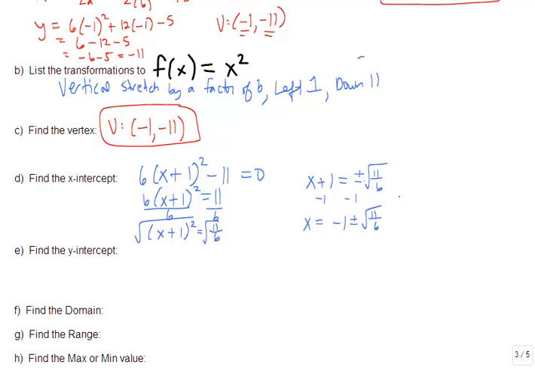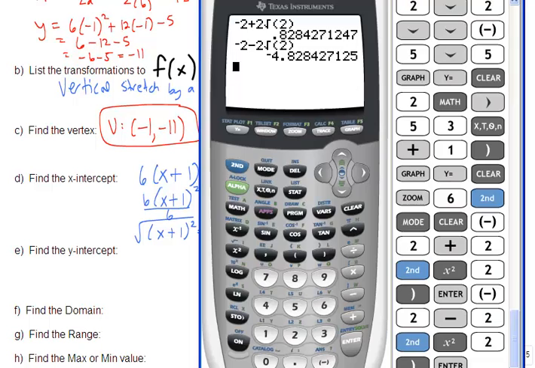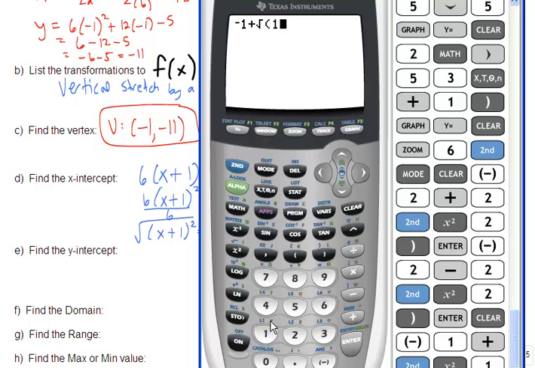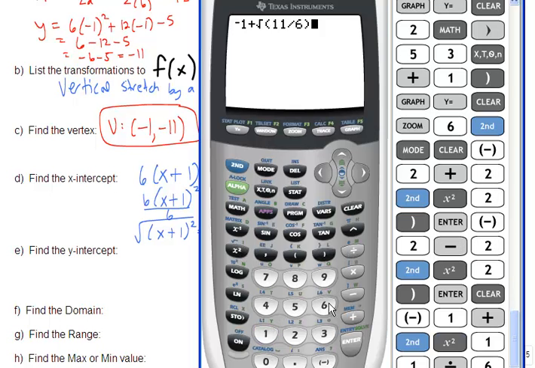Now, some instructors wouldn't like this because there's a radical in the denominator. But because we are going to be using these intercepts to graph, we need to know what these decimals are anyway. So I'm not going to bother wasting my time trying to rationalize it, since I just need to know what its decimal is. So I'm going to go to my calculator, and I'm going to type in negative 1 plus the square root of 11 divided by 6.